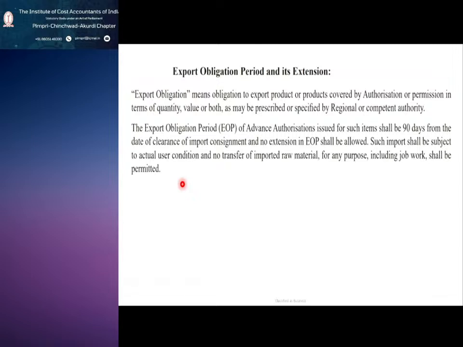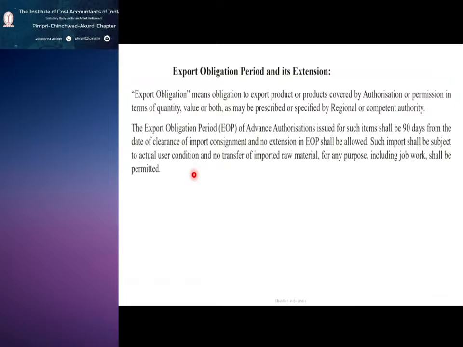Even no transfer of imported raw material: suppose you have some excess glue, nails or wood, you are not allowed to transfer it, or give it to a job worker for any reason. No transfer of imported raw material for any purpose, including job work, shall be permitted. So it is not allowed here.